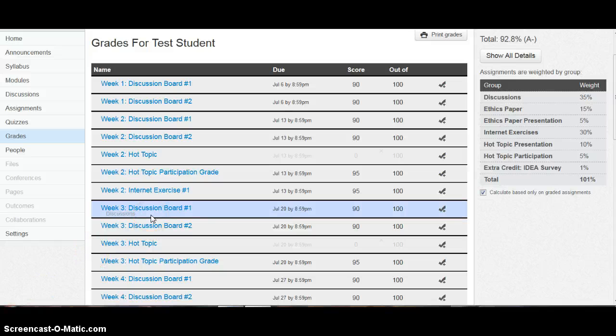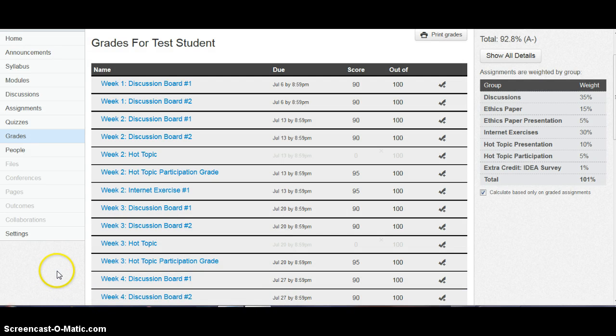This student did not present for those weeks. And as a result, the 0 grade reflects that they didn't present the Hot Topic in that week. They participated on the Hot Topic discussion boards, and that is where their grade is reflected for the week.